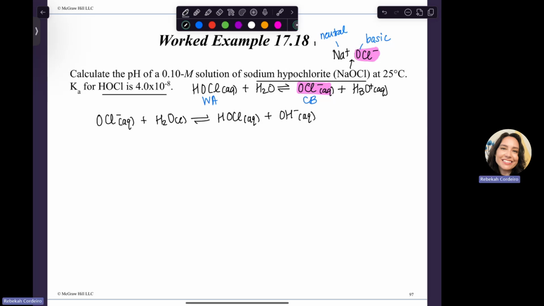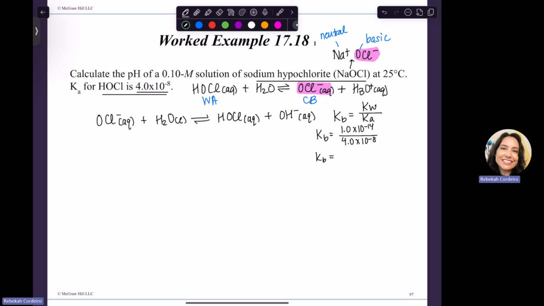Now, what would the K be for this? If the Ka for the acid is 4 times 10 to the negative 8, what would be the Kb of the hypochlorite? It would be Kw divided by Ka. So my Kb would be 1 times 10 to the negative 14 over 4 times 10 to the negative 8.